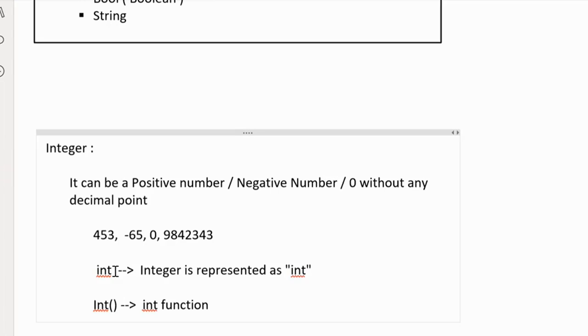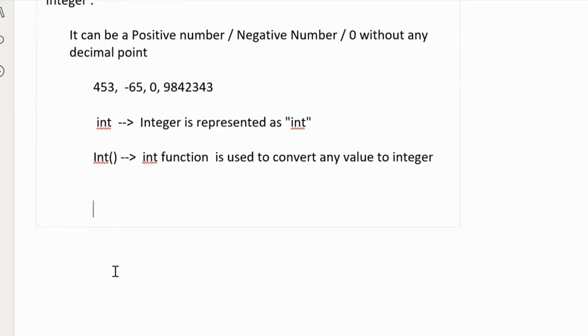An int function is used to convert any value to integer. Not all the values, only some values will be converted.